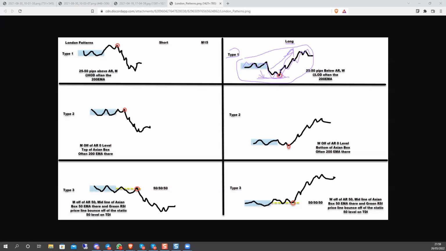And then we want to come out of that somewhere near the top if we see an M formation and maybe a close back beneath the 13 EMA there.